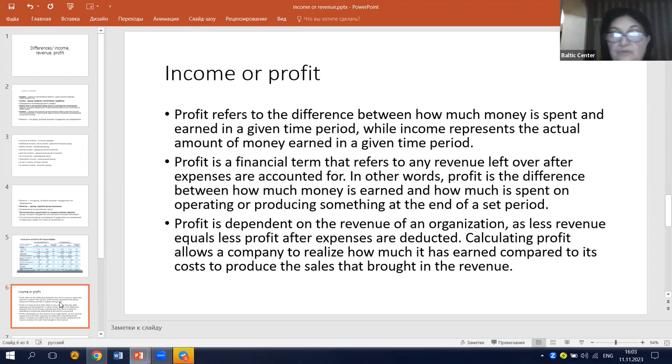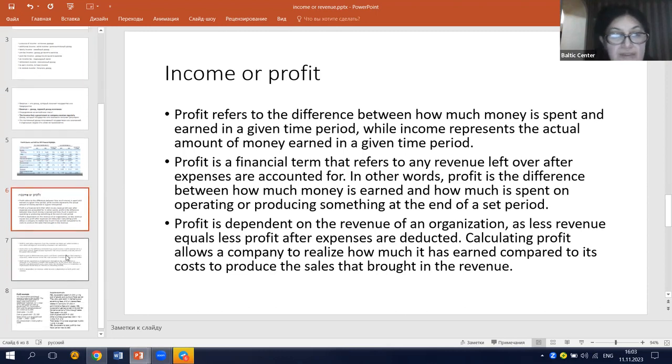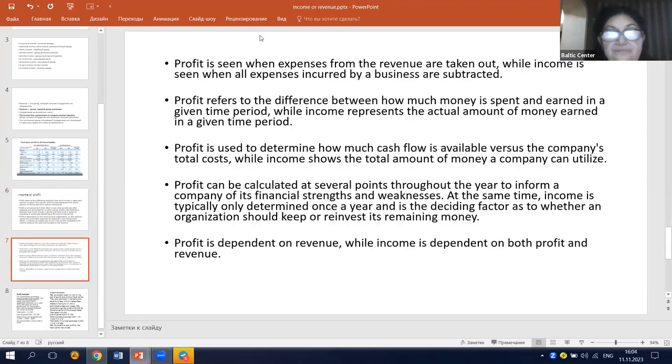So it is for revising this material. Profit is seen when the expenses are taken out of revenue, while income is seen when all expenses incurred for the business are subtracted.